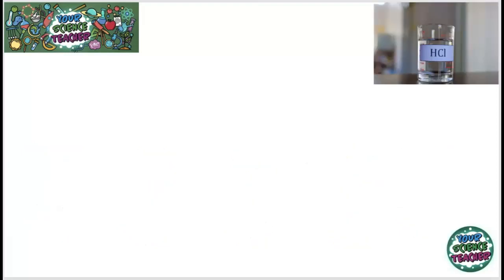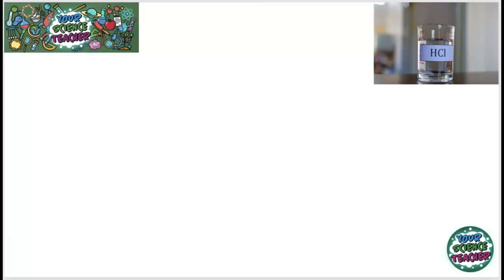Now, sometimes when you are given a chemical, you are expected to just know whether it is acidic or whether it's basic. That is because there are some well-known acids and some well-known bases that we will use a lot.